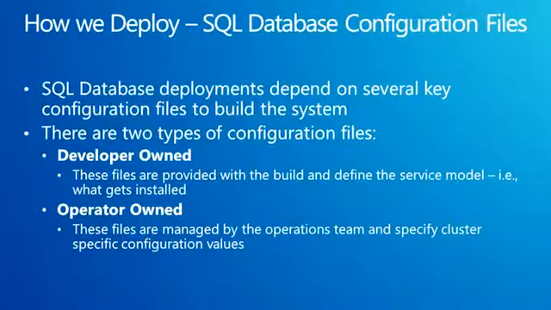They define the service model, which is what gets installed, as well as all recommended configuration. Then there are operator-owned configuration files, and these files are managed by the operations team, specify customer-specific configuration values, items such as local DNS names, local certificate thumbprints, and so on.